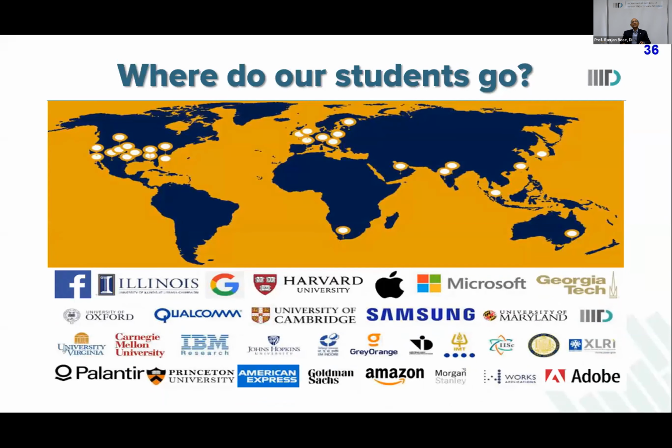Our students find job opportunities both within the country and across the world. Many of them go for higher studies. This gives you a snapshot of where our students are going. We are keeping track of where the students are going and growing as they go along their academic journey.